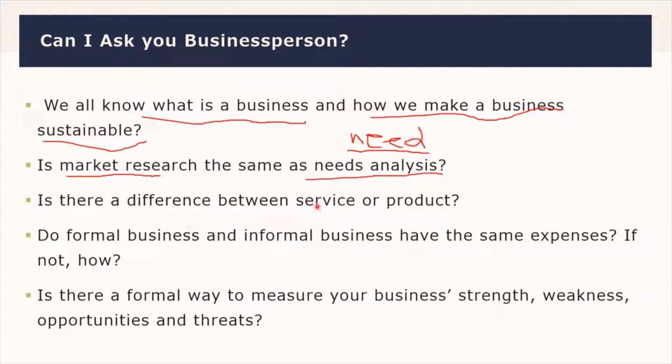So, do you know what's the difference between a service or a product? Well, an example of a service is when your mom or dad takes your car to a car wash. So it's basically paying somebody to do something for you. That's what we call a service. A product is when I produce something that could meet your need.